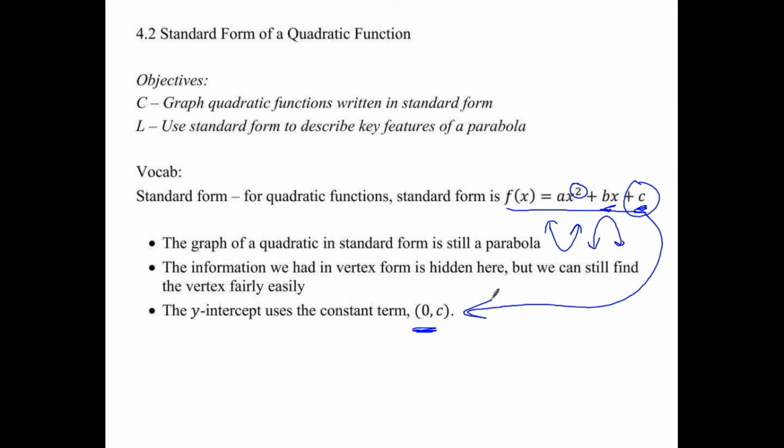So if you don't see the c in standard form, what would the y-intercept be? 0, 0. Yeah, it's an ordered pair, okay? And you can abbreviate y-intercept y-int. This will come into play later on. Okay, good there? All right, so let's move on.